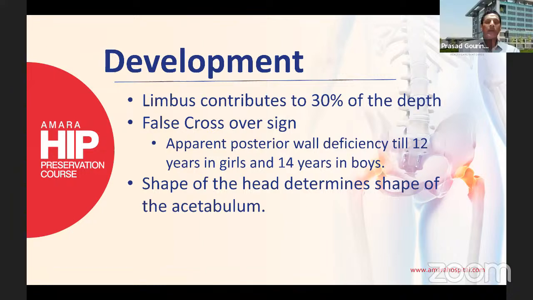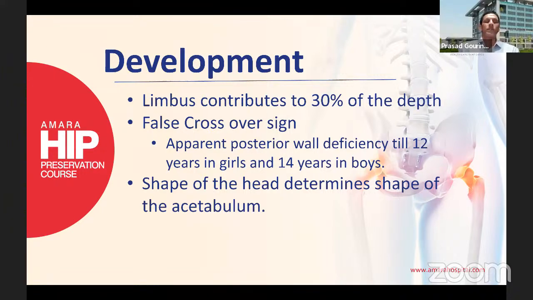On the other side, if the acetabulum is not deep and molding, the femoral head will not be spherical. So what it says is the concentricity of the head and the acetabulum help each other develop well. So this is one of the principles when you do DDH surgery. You don't want to accept subluxation for too long. You want to reduce and encourage the head and acetabulum to mold each other and develop well.